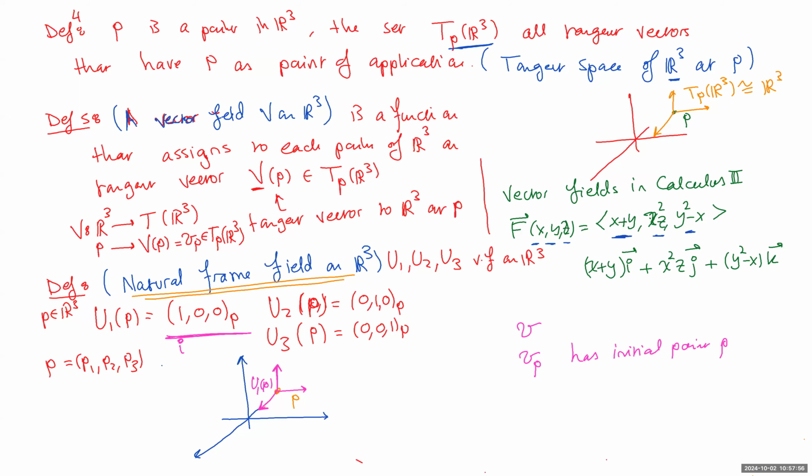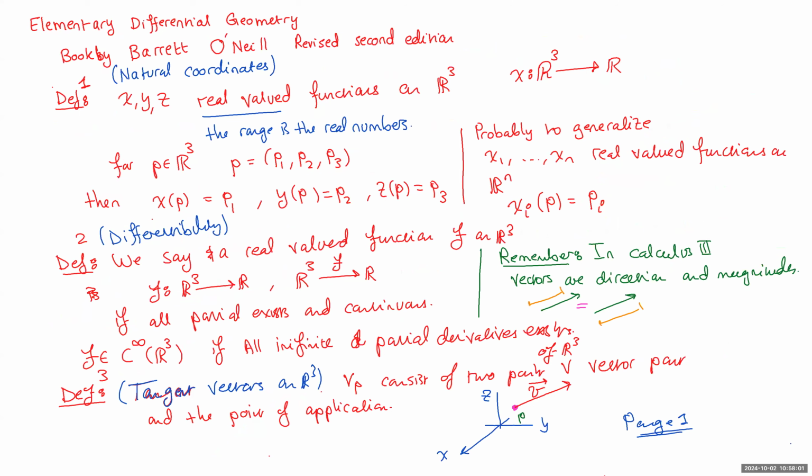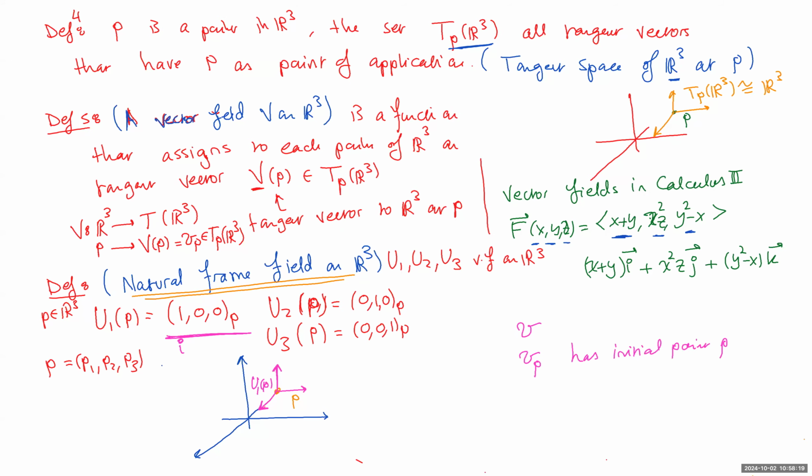And remember, there's another thing that's natural, which was the natural coordinates. The natural coordinates are real valued functions. When you plug in a point, it will spit out the corresponding coordinate: x spits out the x coordinate, y spits out the y coordinate, etc. But now we have vector fields, and remember, they accept points in R3. So these U_i are vector fields.